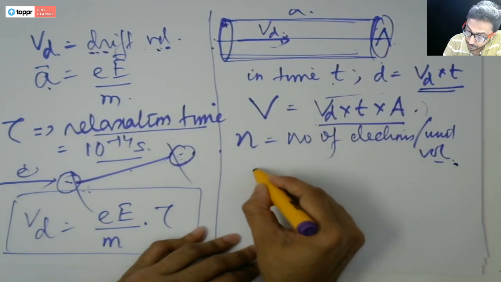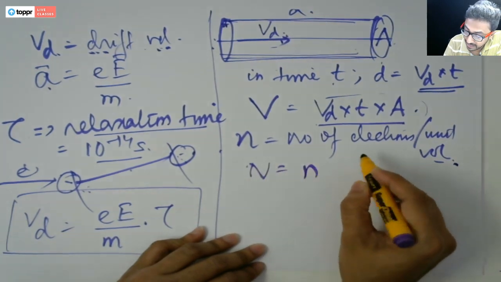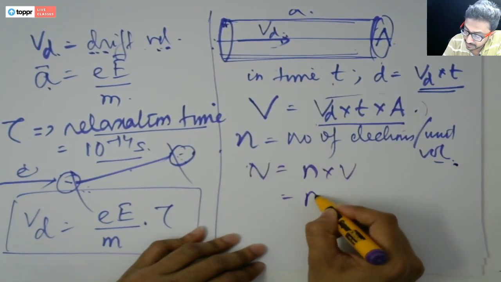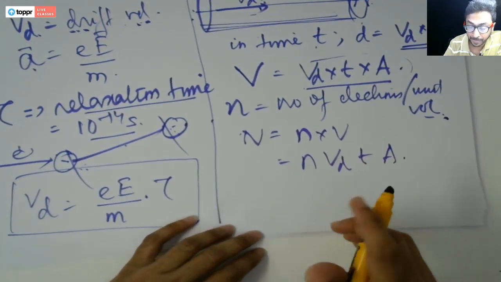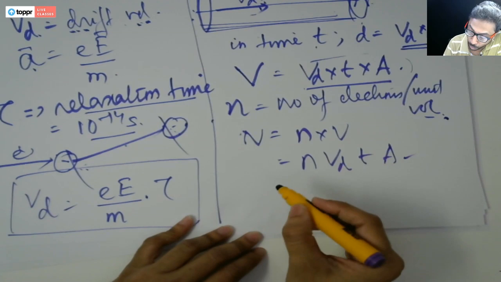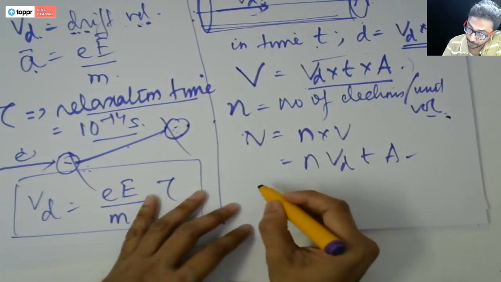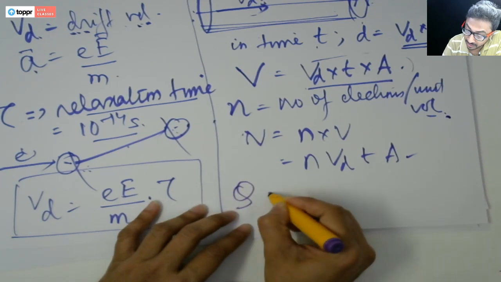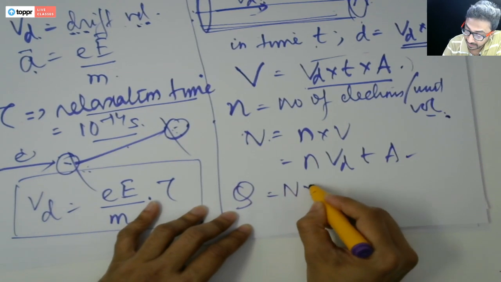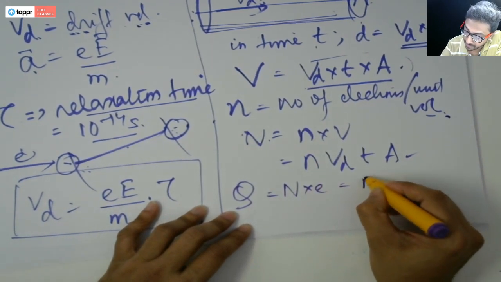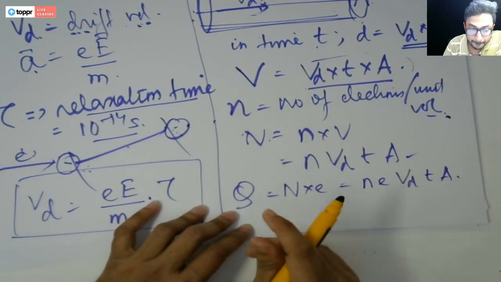That will be n into V, that is n Vd t A. Now n Vd t A is the total number of electrons within this volume. What is the total charge? Charge will be n into the charge of one electron, that is n e Vd t A.